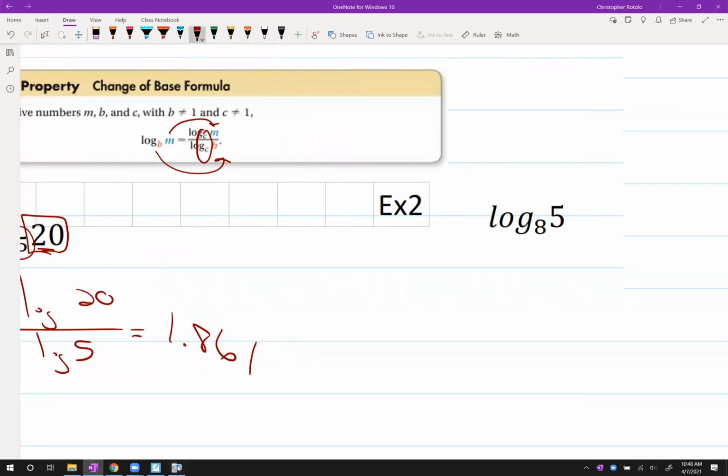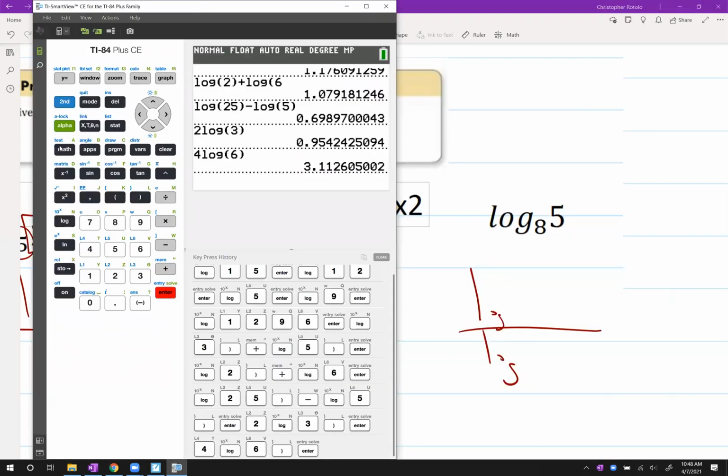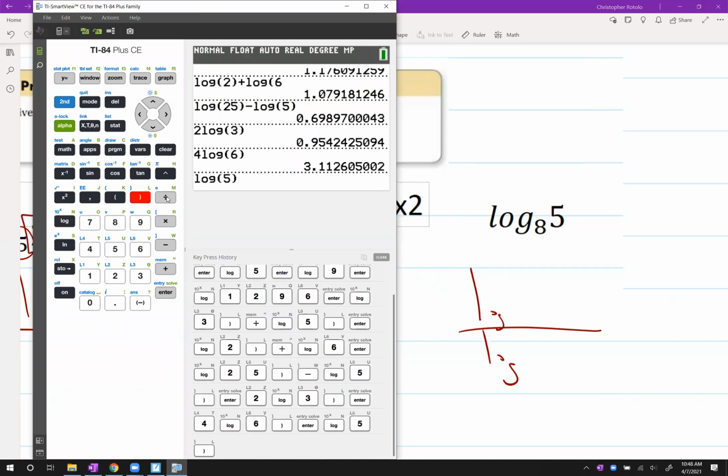Okay, so up here, we got log over log. So this is a little bit different property. This means I only have one thing to work with. And this time we have log of 5, I do want to close that up, divided by log of 8.